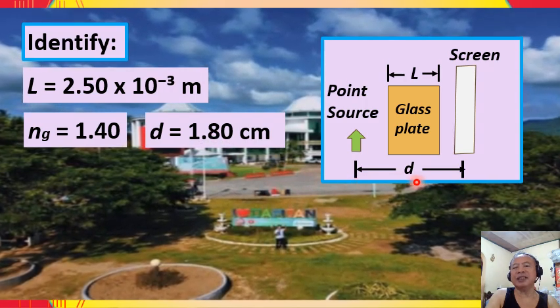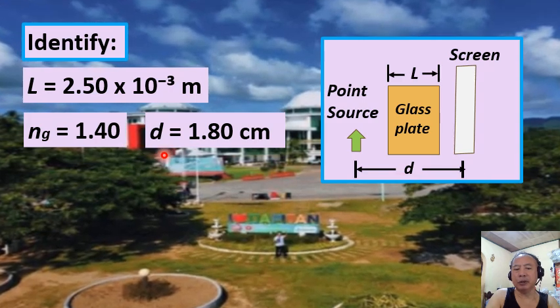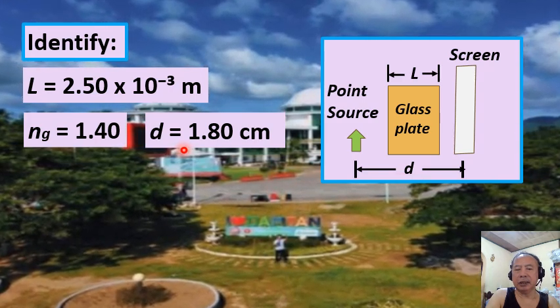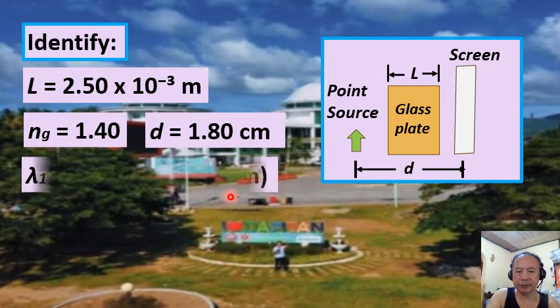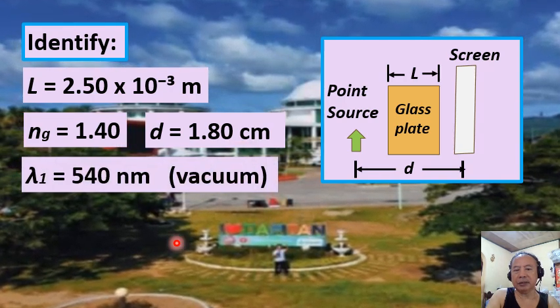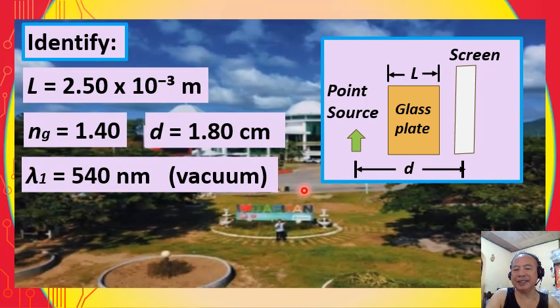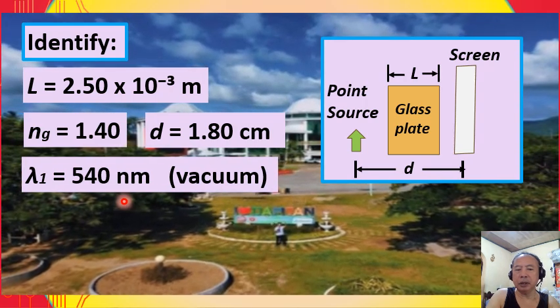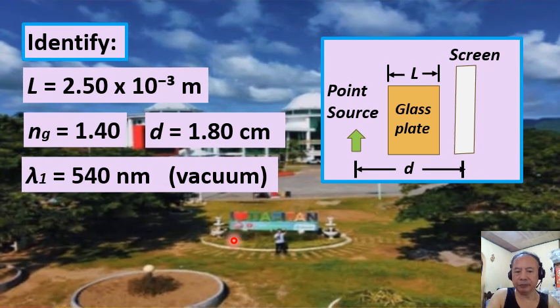The separation distance between the point source and the screen, denoted by small d, equals 1.80 centimeters. And the wavelength of the incident light in vacuum is 540 nanometers.